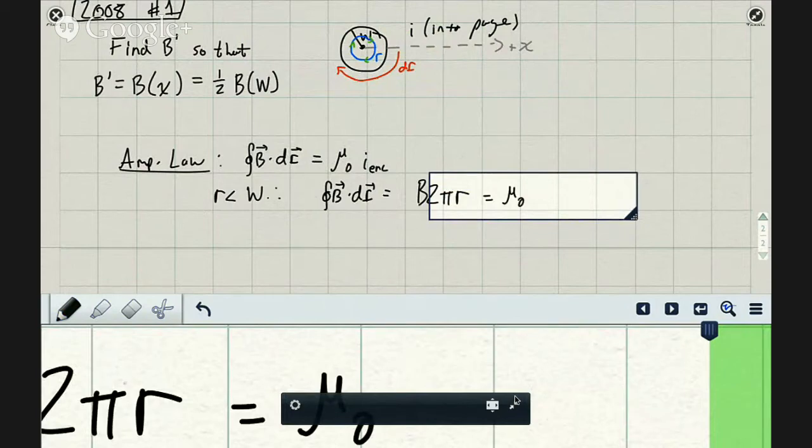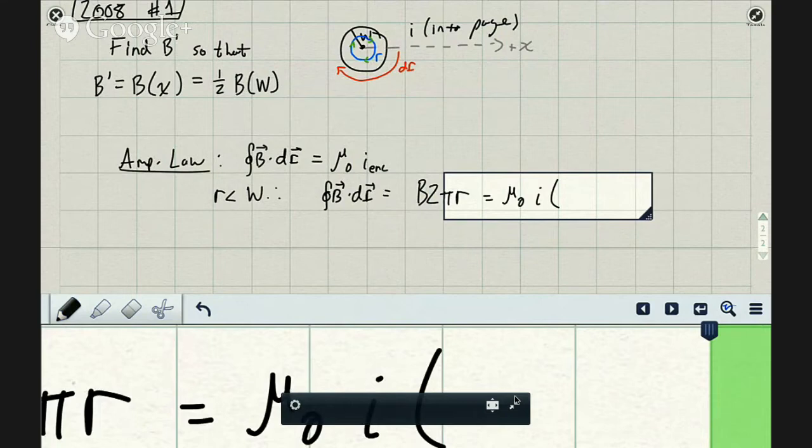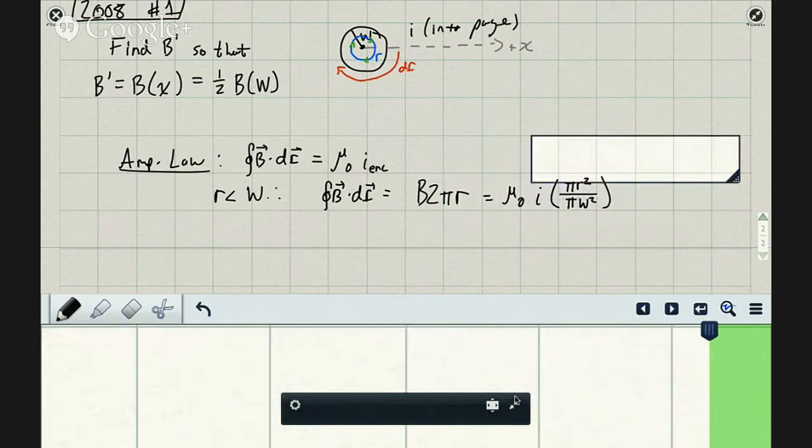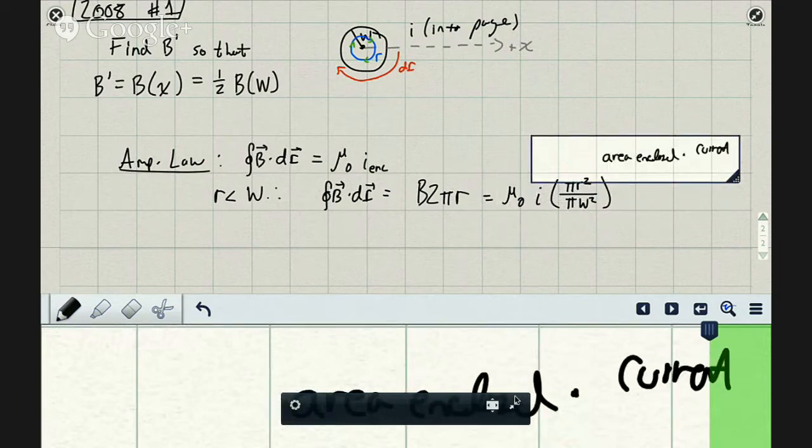Now, for r less than W, I enclosed is going to be a fraction of I, the ratio of areas here. So the area enclosed is pi r squared, and the total area of the wire is pi W squared. The idea here is to take the area enclosed times the current per unit area.